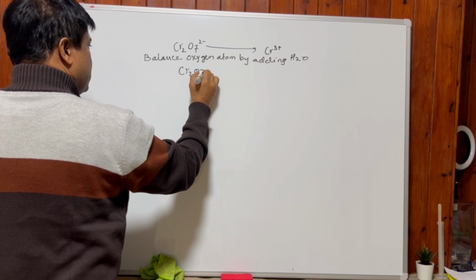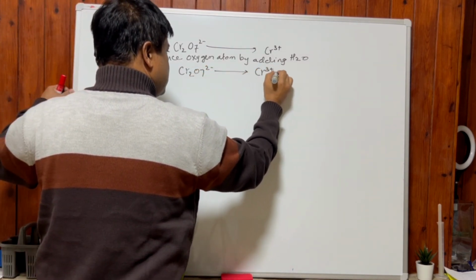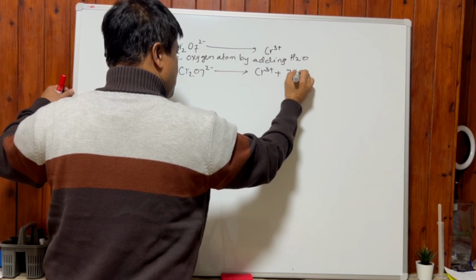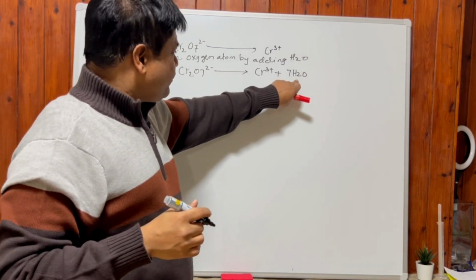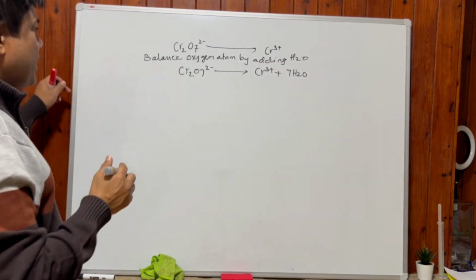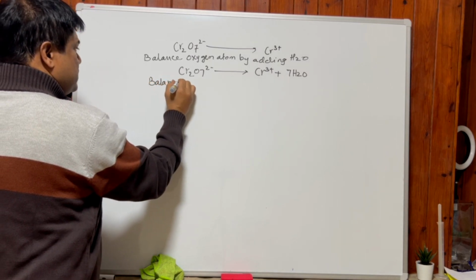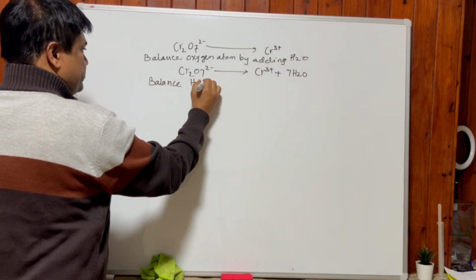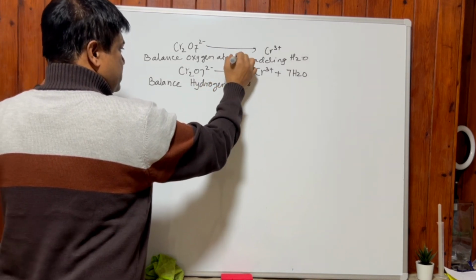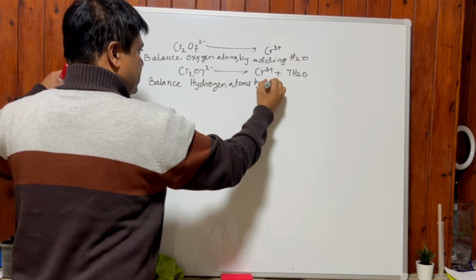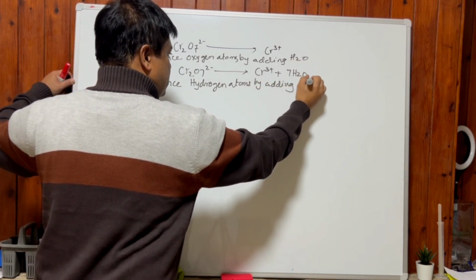Cr2O7 2- becomes 2Cr3+ + 7H2O. Now on the right side I have 14 hydrogen atoms. Balance hydrogen atoms by adding H+ ions.